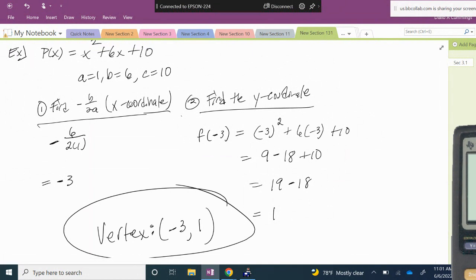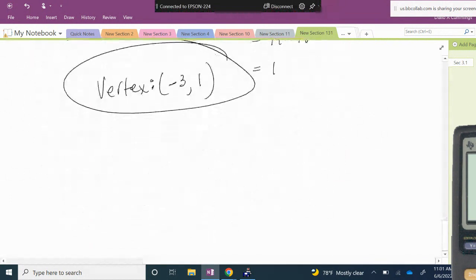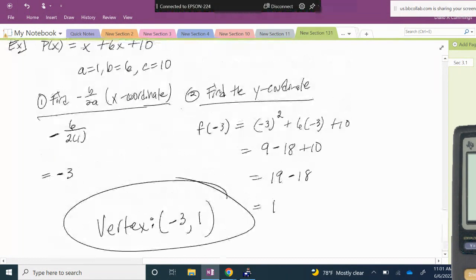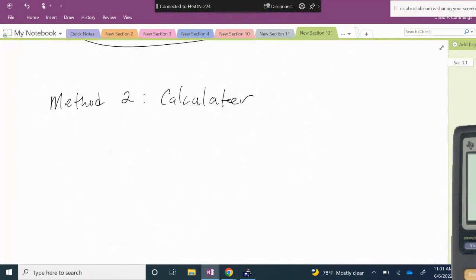The second method I'm going to use is the calculator. Method 2 is the calculator, and I'm going to use the same equation, x squared plus 6x plus 10.